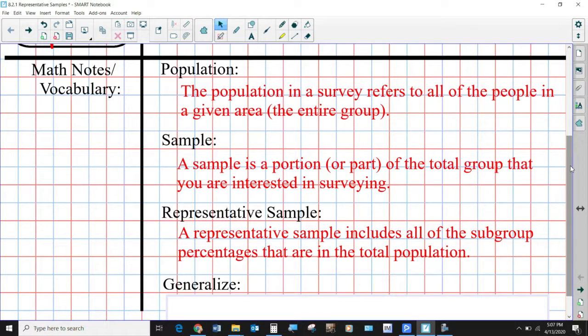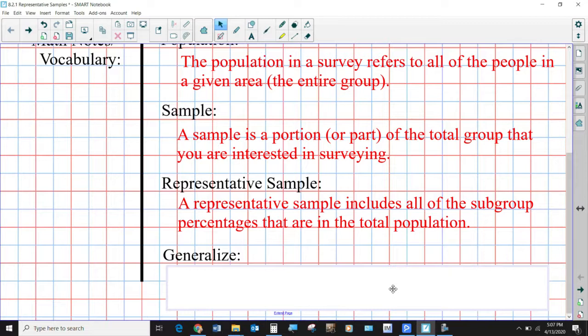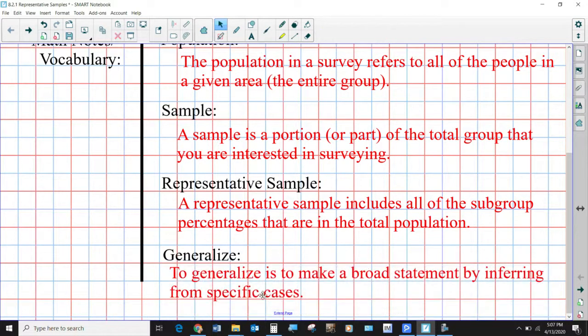And then the last term, it occurred to me that the term generalize comes into one of the questions later on, so I want to make sure everyone knows what that means. To generalize is to make a broad statement by inferring from specific cases. And that's basically what we're doing here. We're going to find out information about the greater population by taking a small representative sample and taking all of the responses from those specific cases and then projecting that onto the greater population.